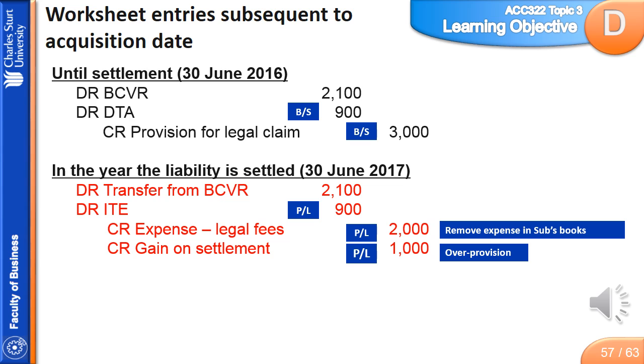Next, instead of deferred tax asset, we have income tax expense, which is a debit of $900. And then we're going to reverse this expense for legal fees, so there will be no recognition of that, which was originally placed within the subsidiaries accounts. And then we're going to recognise a net $1,000 gain on settlement.